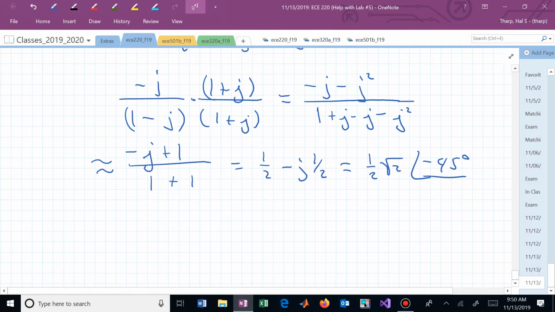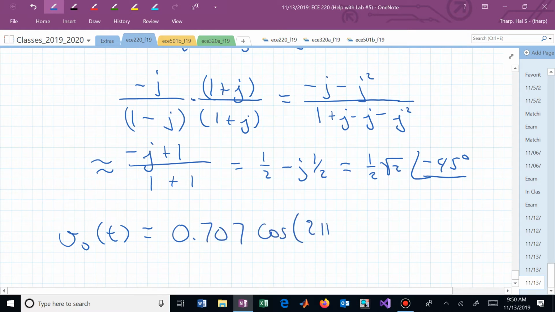And now we know what our v sub 0 of t is at 1,000 hertz. It's the square root of 2 over 2, or 0.707 cosine of 2 pi 1,000 t minus 45 degrees.